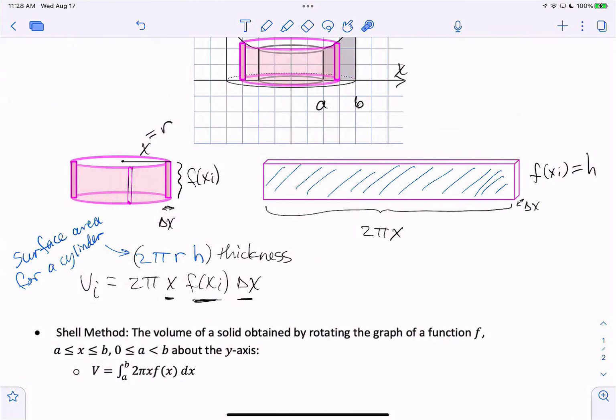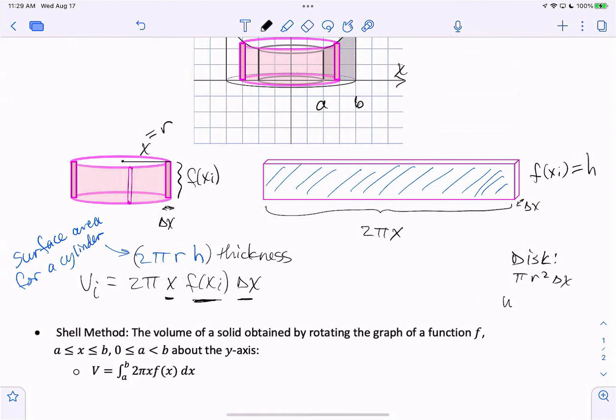If you can remember 2 pi RH and then figure out what's the radius in each case and what's the height in each case, you've got this down. Just like when we were looking at the disk method, we were based on pi r squared times delta x.